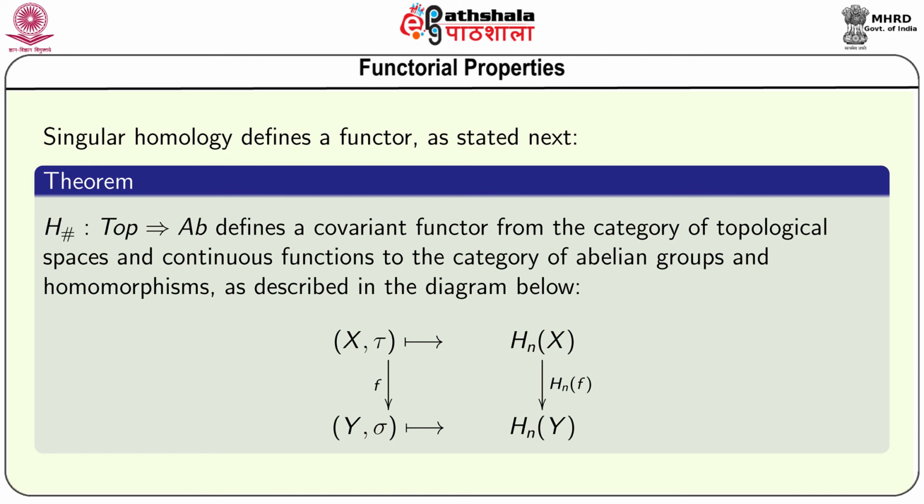For the morphism f from x to y, the functor assigns that morphism to the morphism Hn(f) between Hn(x) and Hn(y). Since the functorial properties hold, we can easily see that it is defining a covariant functor.